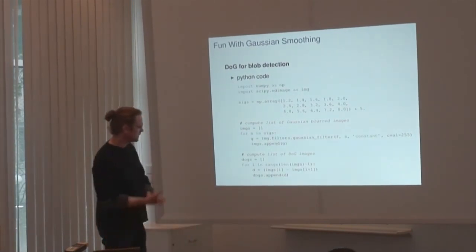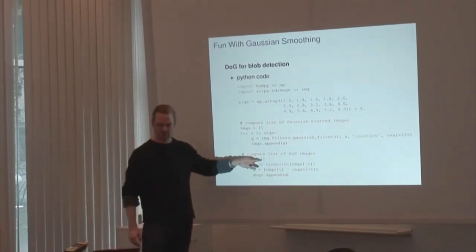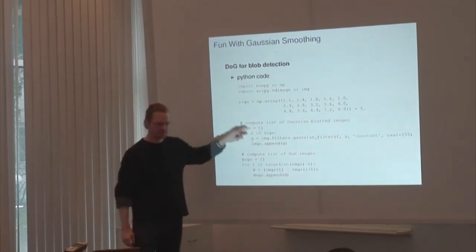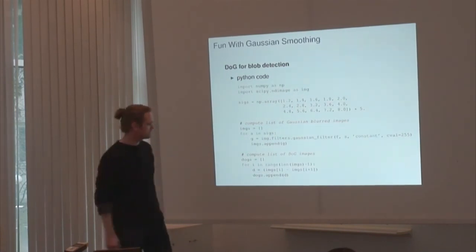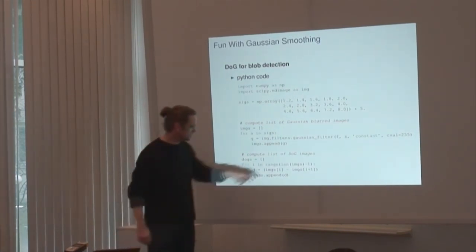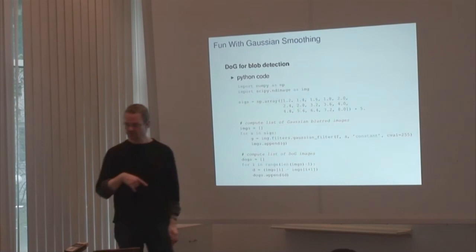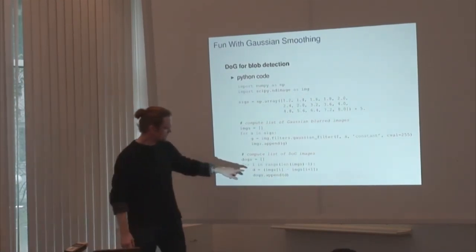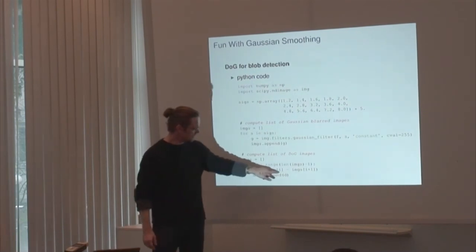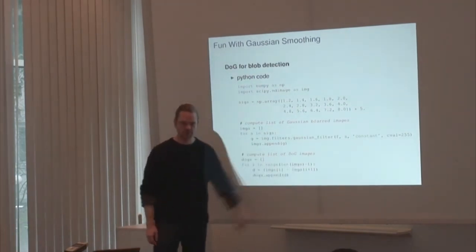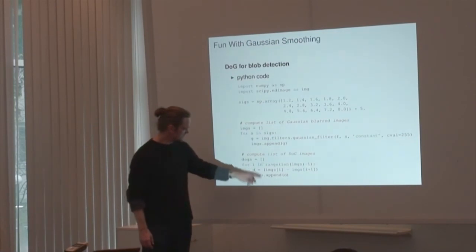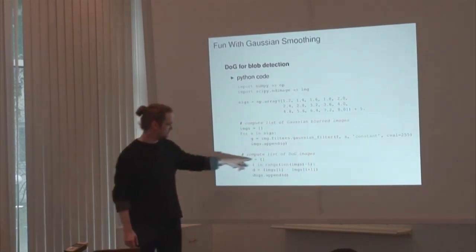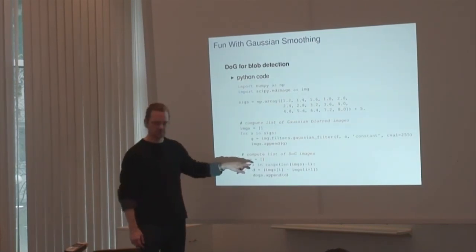And then I initialize another empty list and now iterate over all the images in this list here, which now contains 15 images, but I actually only iterate over 14 of those, because here I compute the difference between image I and image I plus 1. And this difference is appended to this list here. So once I'm done, I have a list of 14 difference of Gaussians, DoGs.